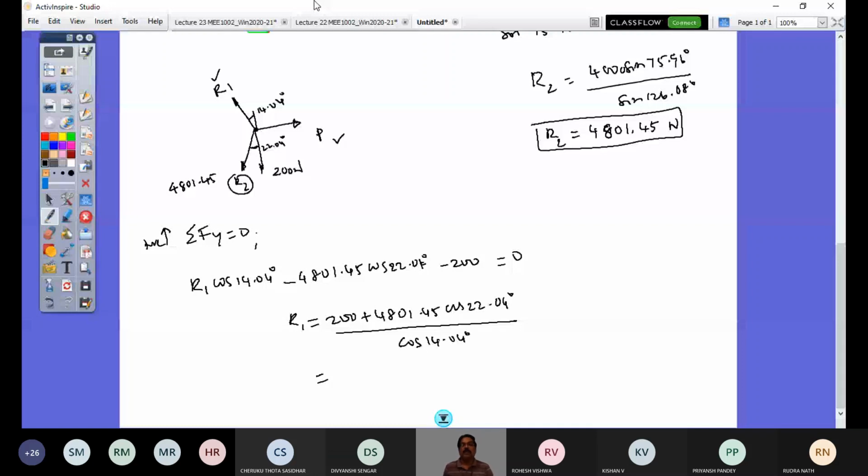That is R1, right? So now I can find out what P is.